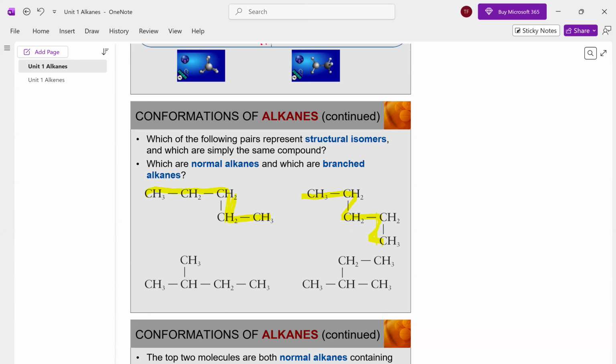The one on the right, 5. Now let's look at the bottom two. Okay. How many carbons are in the backbone? So this is not the same molecule as the one above. The one above is an isomer of this one. So this one has a branch.